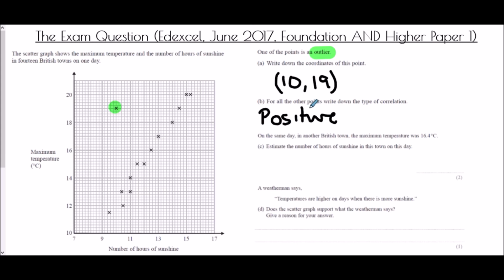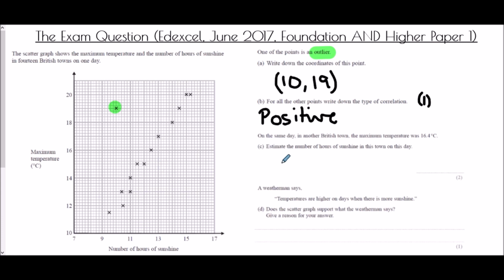Now this question is actually just a 1 mark question, so positive is all that's been asked. If it was asking for 2 points, you might want to talk about strength of correlation here, and the fact that these points are really close together would make it strong positive correlation. If they were a little bit more spread out, but still heading in a positive direction, it would be weak positive.